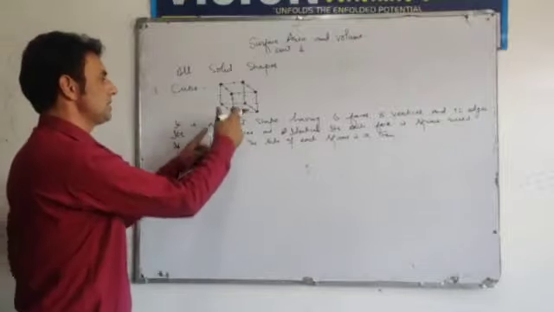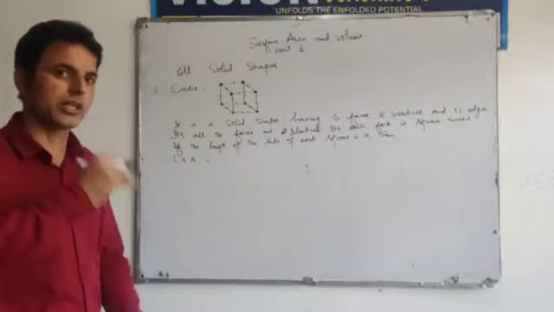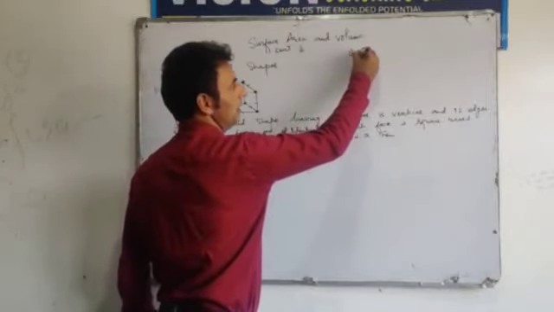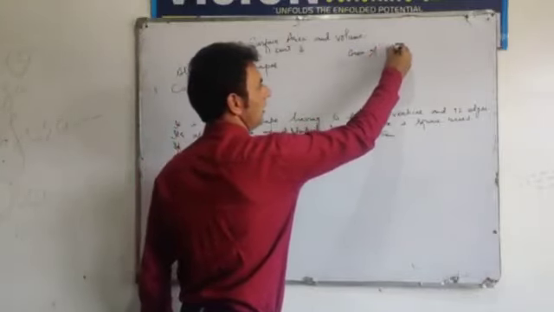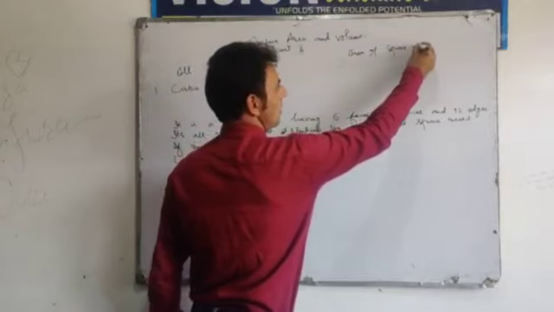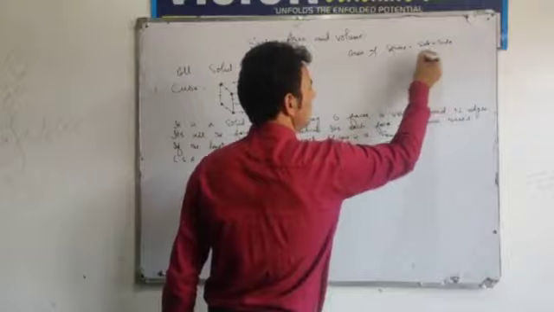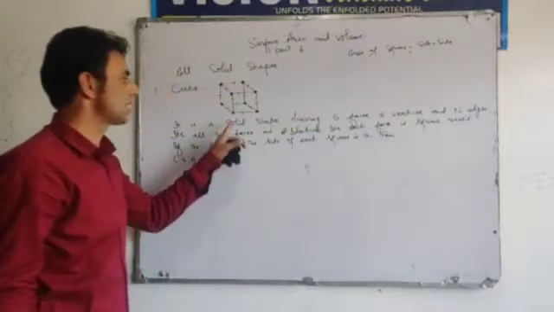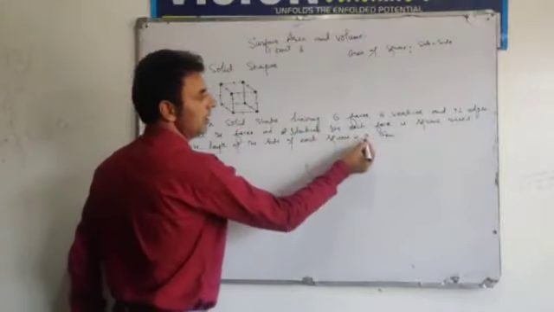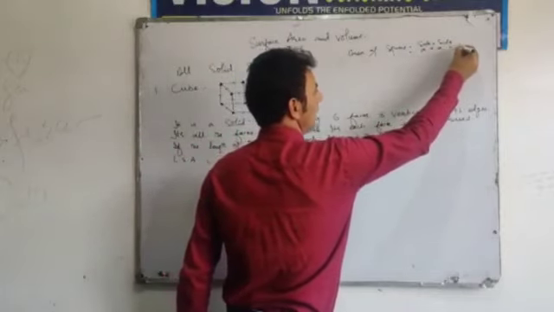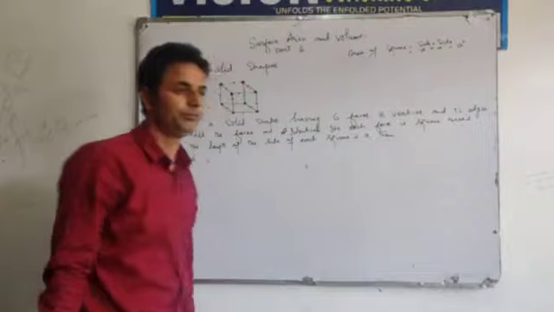अगर हमें पता है इसका हर कोई फेस स्क्वायर जैसा है, तो स्क्वायर का एरिया मैं बता दूंगा यहां पर. एरिया ऑफ स्क्वायर इज इक्वल टू साइड इनटू साइड. If the length of side of square is a, then area will be a into a, that is a square.